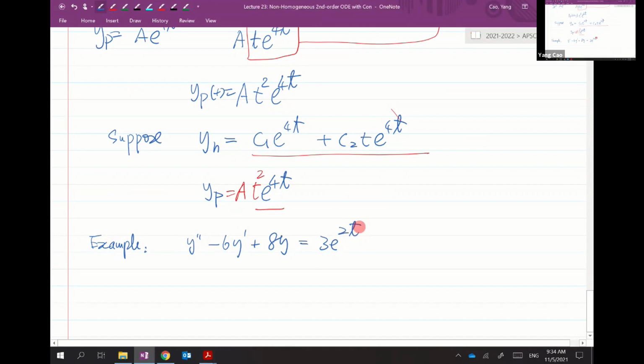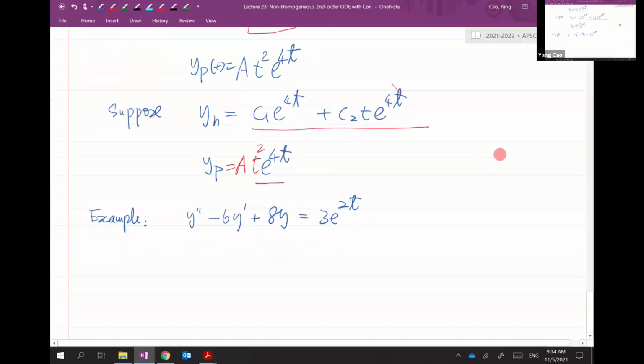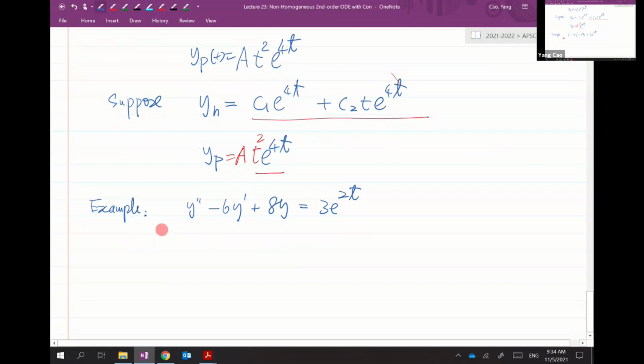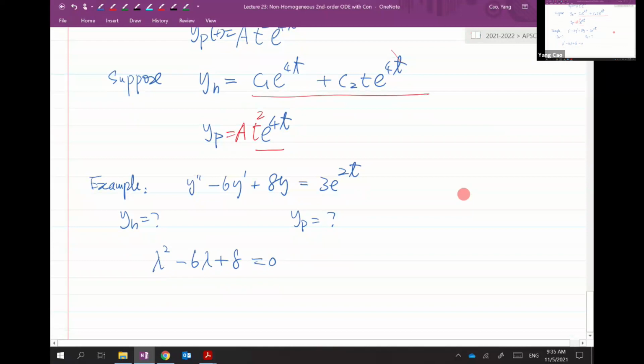Okay, so let's say we have a second order ODE, non-homogeneous, written down like this. 3e to the power 2t. So as the theorem says, you need to find yh, and then you need to find a yp, and then you add them up. So yh is the solution of the homogeneous equation. The step to find yh is you construct the characteristic equation first, which is based on the coefficients of the equation.